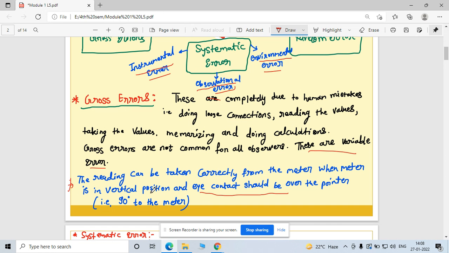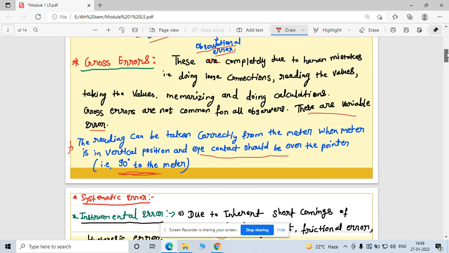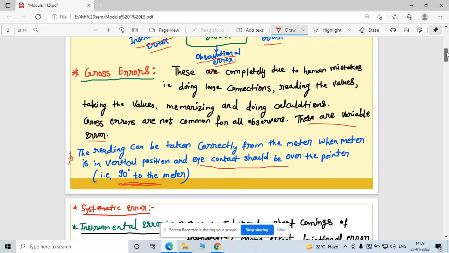That means the line of sight of your eye to the reading on the scale makes an angle of 90 degrees to the meter. You must take this precaution while taking the reading, so you are able to eliminate this gross error.